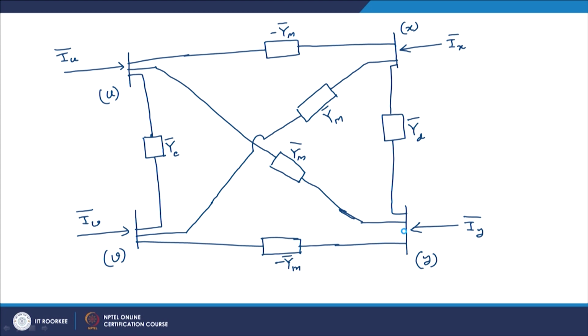To make it a little neat, we again take this is u, this is v, this is x, this is y. So, minus y m between y u and x.